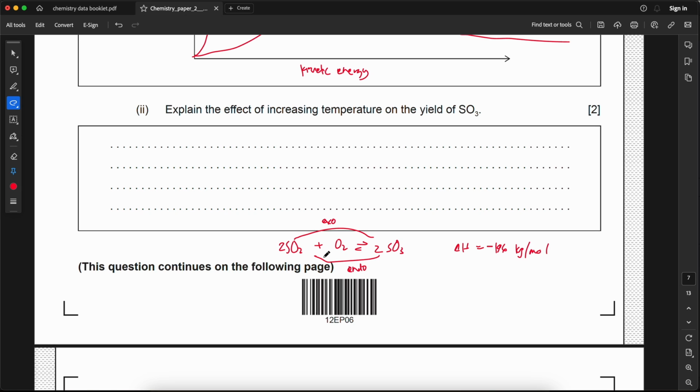As the temperature increases, the position of equilibrium shifts in the endothermic direction to take in heat and minimize the effect of change. Okay, so when the reaction is exothermic, the temperature will decrease because it's trying to cool down.